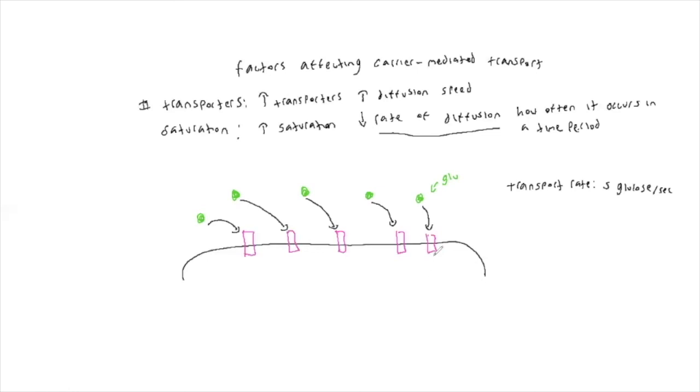Now, let's play with this a bit. So let's say here that I add another transporter, but I don't add any more glucose molecules. Well, guess what? The transport rate would still be 5 glucose molecules per second, but if I add another glucose, now it would be 6 per second.